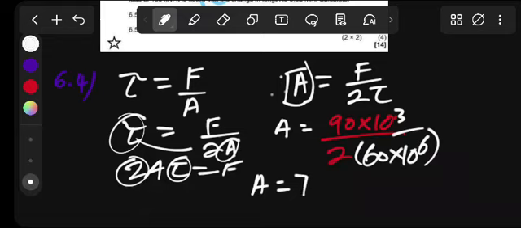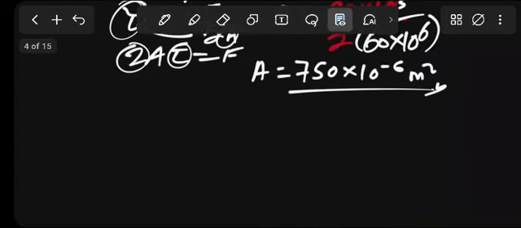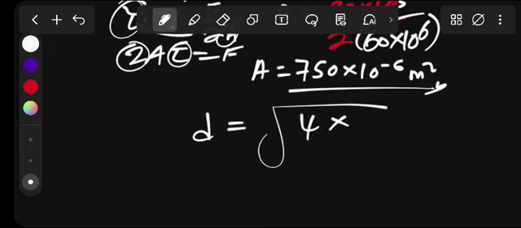Then what will be our area? The area will be 75 times 10 to the power of minus 6 meter squared. That is our area. They wanted the diameter, and as we have seen, the diameter is equal to the square root of 4 multiplied by area divided by pi.